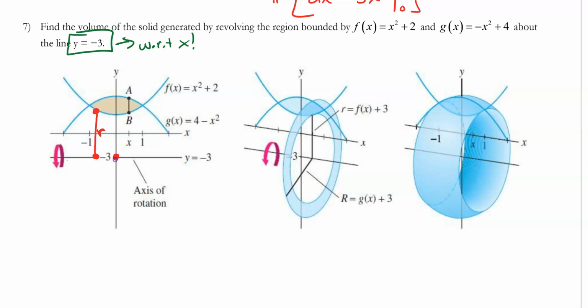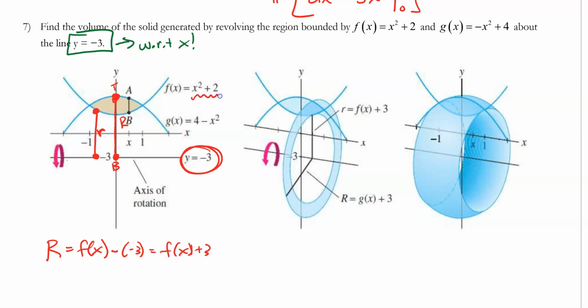If I start at my axis of revolution and go to the outer function for the bounded region, that would be big R. So what is big R? For this case, if I think top minus bottom, the top function is f of x. The bottom function is y equals -3. So minus -3, which equates to f of x plus 3.